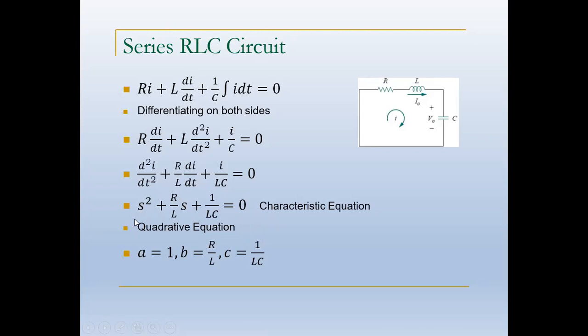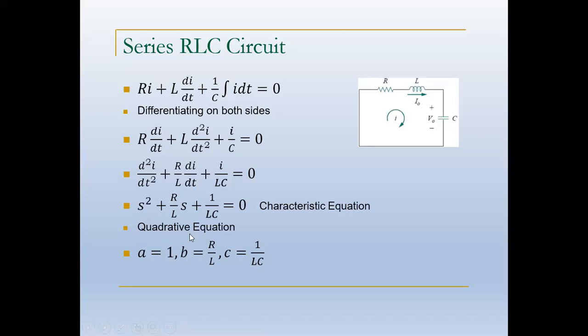So this characteristic equation, or the auxiliary equation, is defined for the series RLC circuit. Now, to identify this quadratic equation, let us call this ABC. All of you must be aware of ABC.